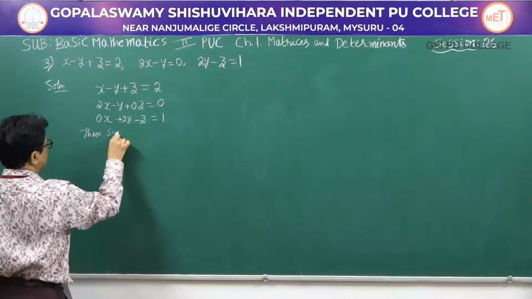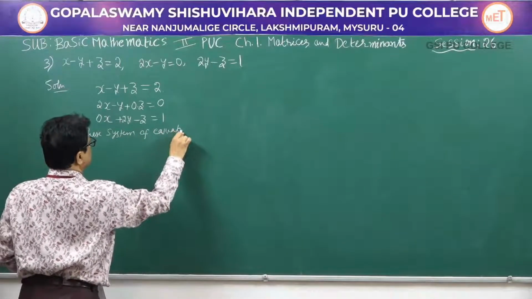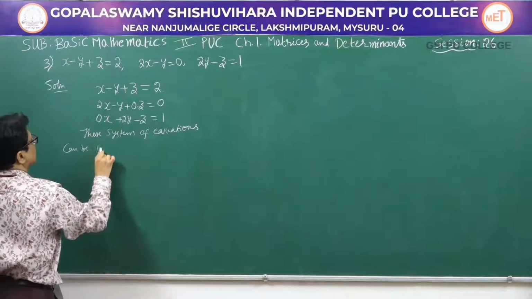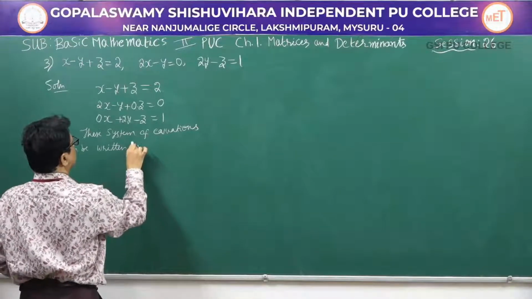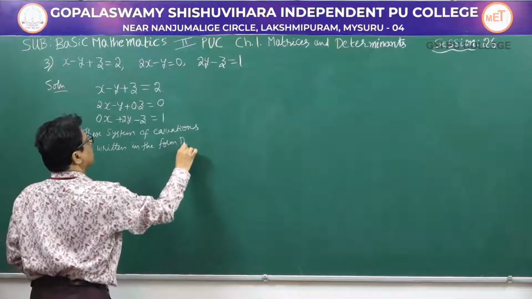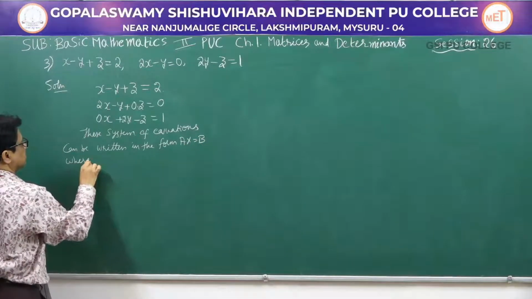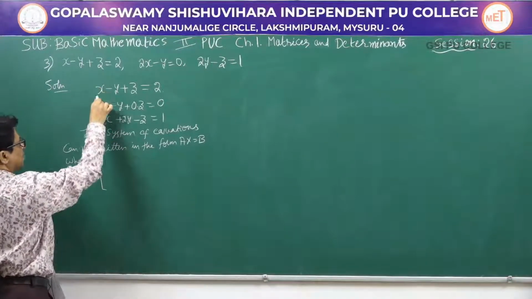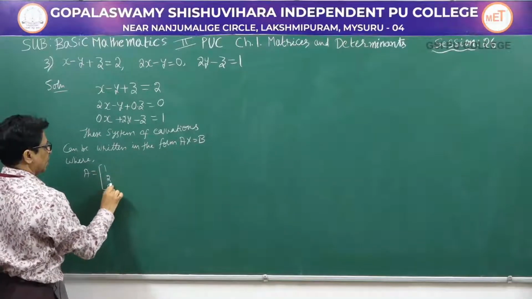This system of equations can be written in the form AX equals B, where A equals, first we write the coefficients of x in the first column: 1, 2, 0.